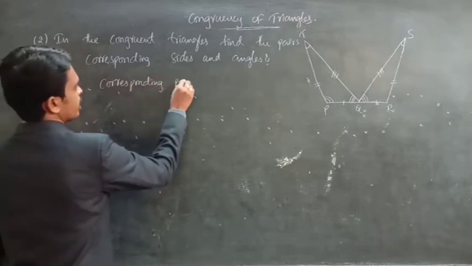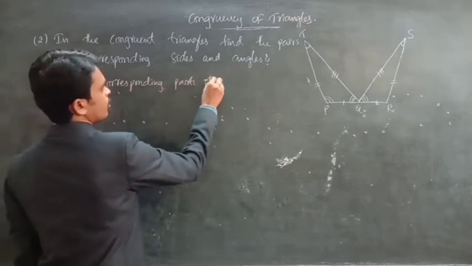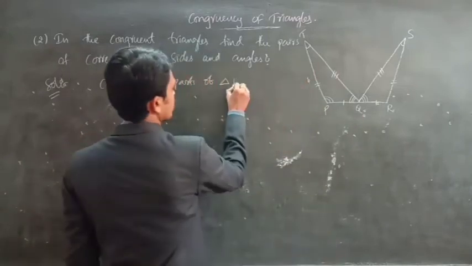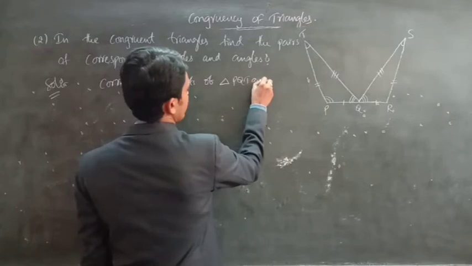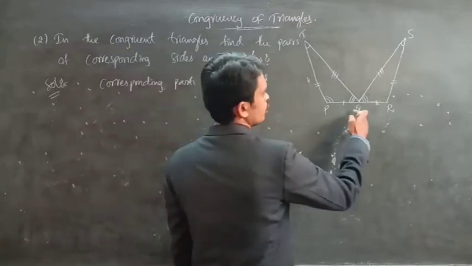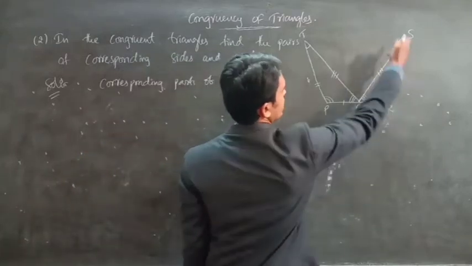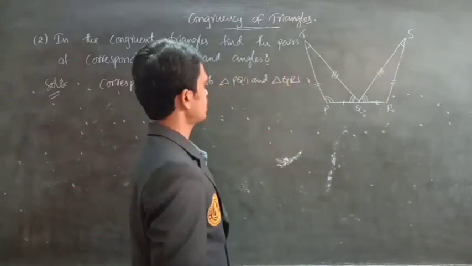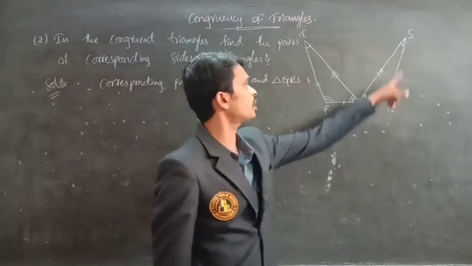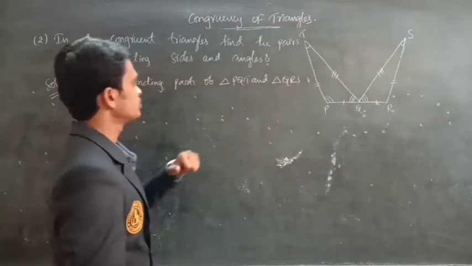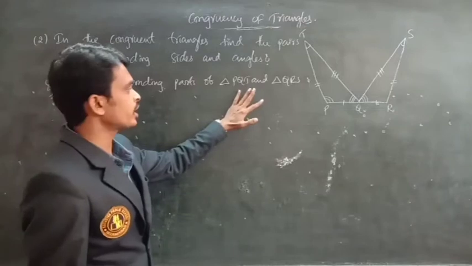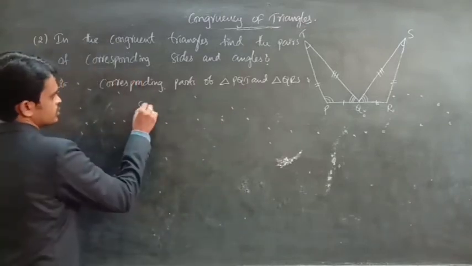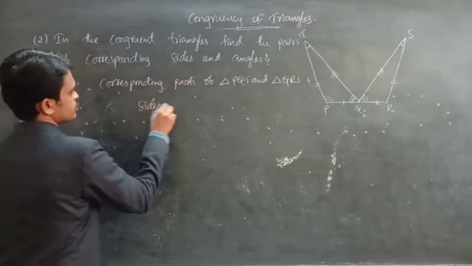Corresponding parts of triangle PQT and triangle QRS. So in these two triangles we should write the corresponding parts. First we should write sides.